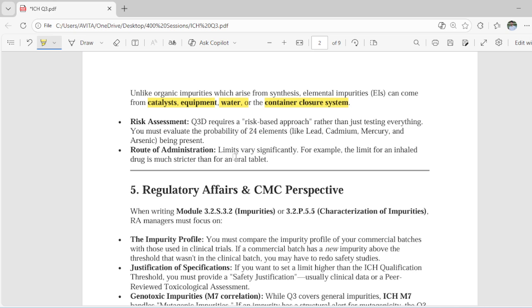You must evaluate the probability of 24 elements like lead, cadmium, mercury, and arsenic being present. Then last we have route of administration. Limits vary significantly. For example, the limit for an inhalation drug is much stricter than for an oral drug.